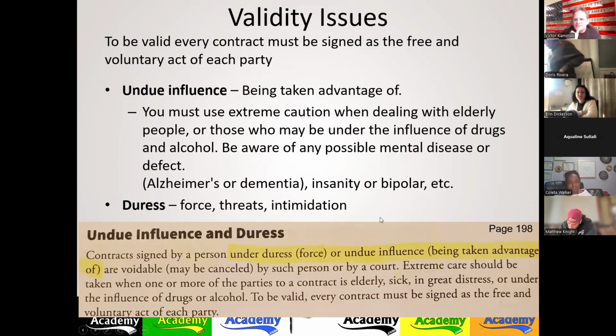Look for clues. See if they put down the wrong date and they're off by like 40 years, right? These are little clues that they may not be of sound mind at the moment, right? That the cheese may be slipping off their proverbial cracker.